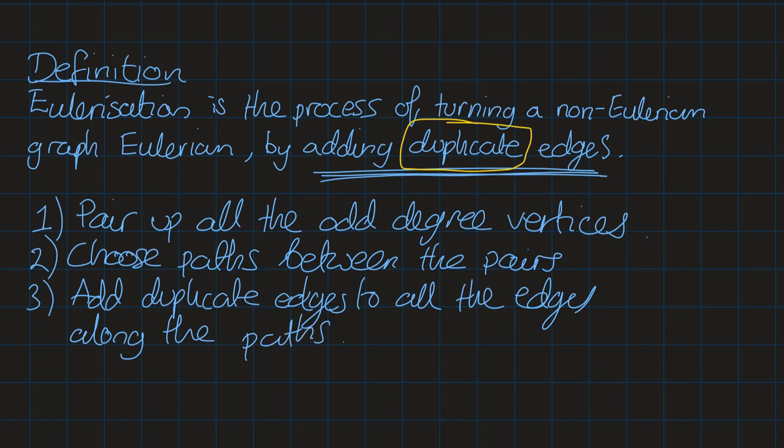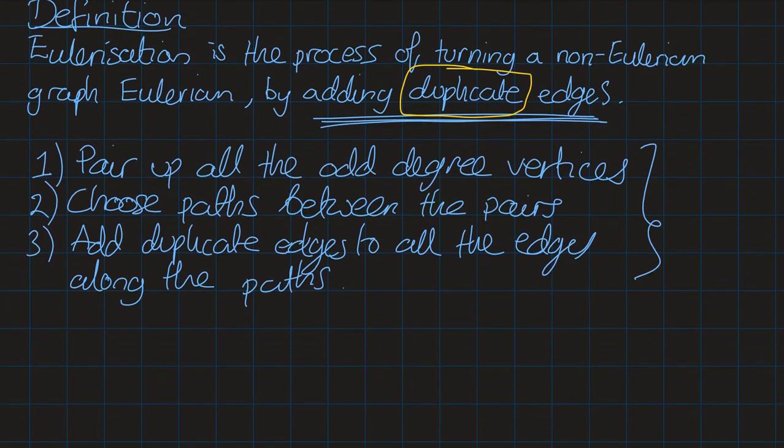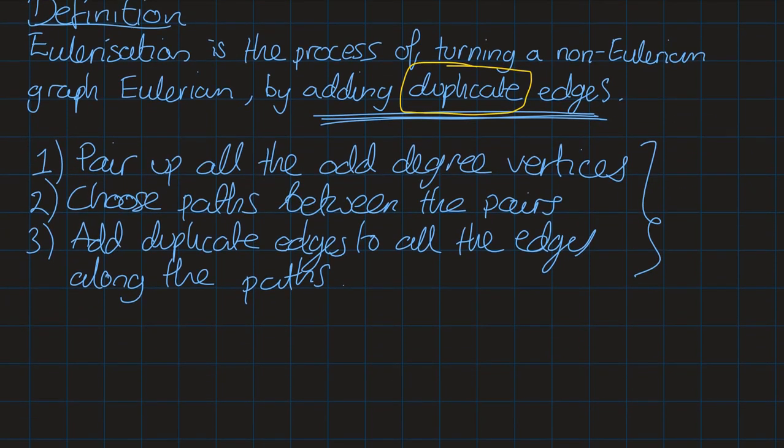This is the general process for Eulerizing a graph. You find all the odd degree vertices, you pair them up, and then you choose paths between the pairs, and then you duplicate the edges. One thing I want to mention is it's usually preferable to Eulerize with as few edges as possible.